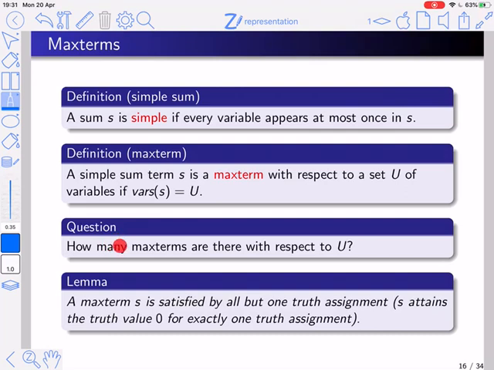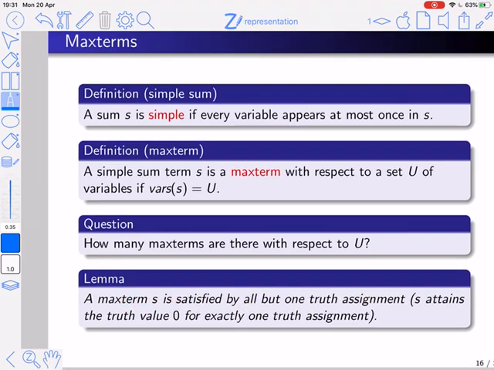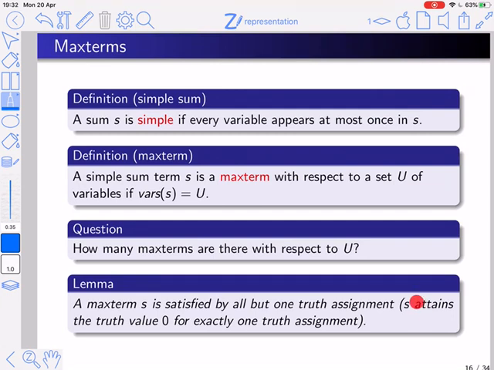And again, we have the question of how many max terms there are with respect to a set of variables. Now, a max term is satisfied by every truth assignment except for one. In other words, a max term S attains the truth value 0 for exactly one truth assignment.